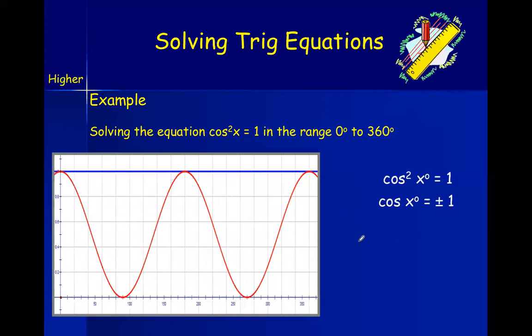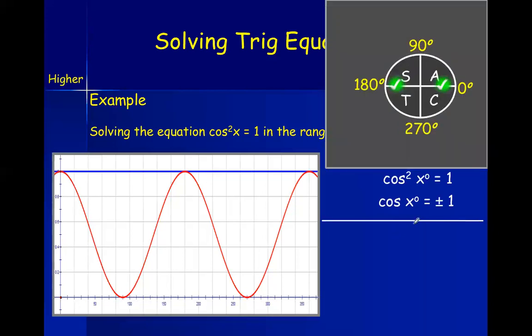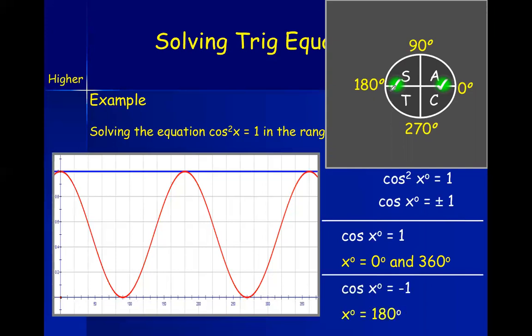So it's as if you've now got more than just one solution. You've got two solutions. So you've got to solve the first one. Where is cos equal to 1? Cos equals 1 at 0 and 360. And for the negative 1, it's going to be 180. So that's why you've got 3 answers.